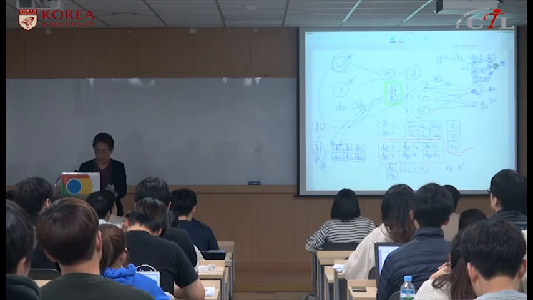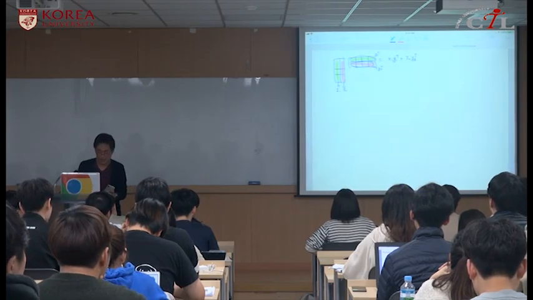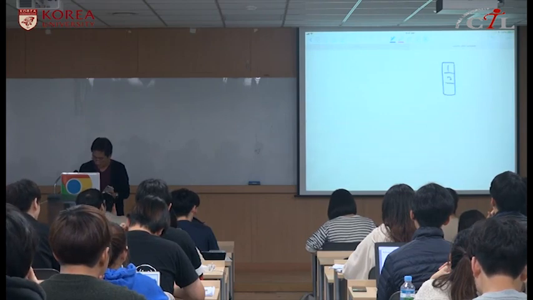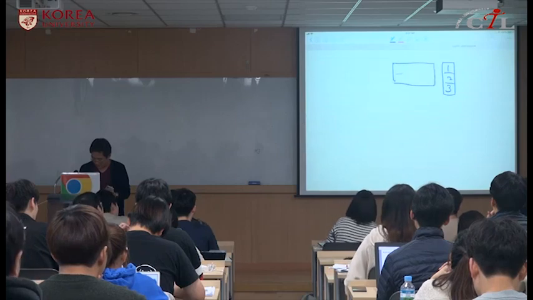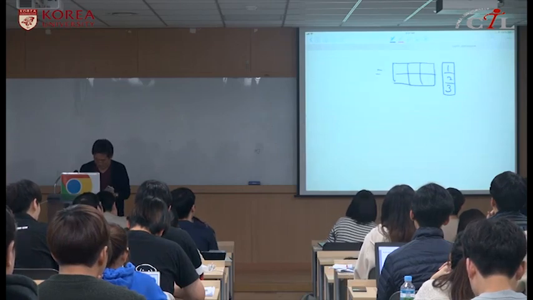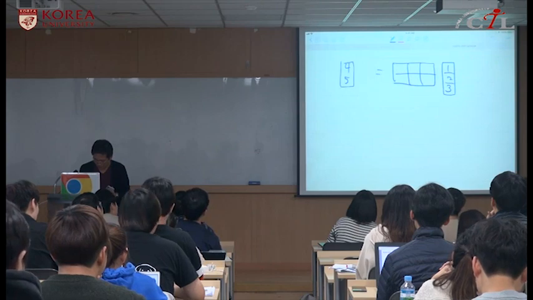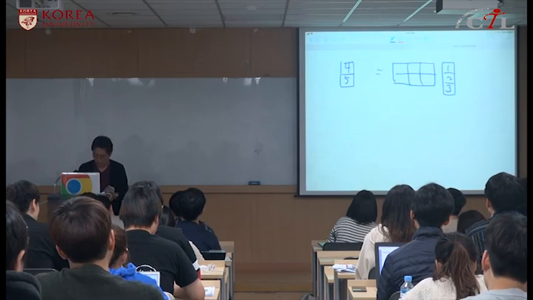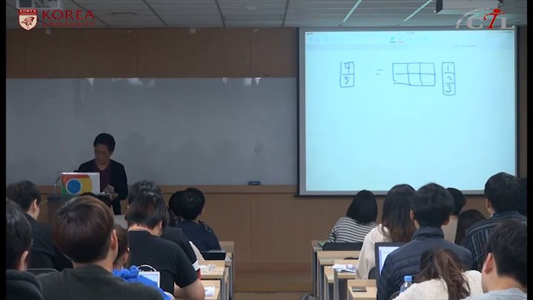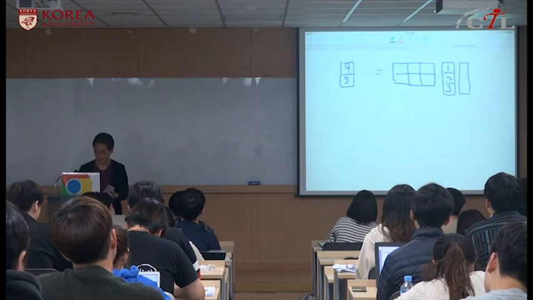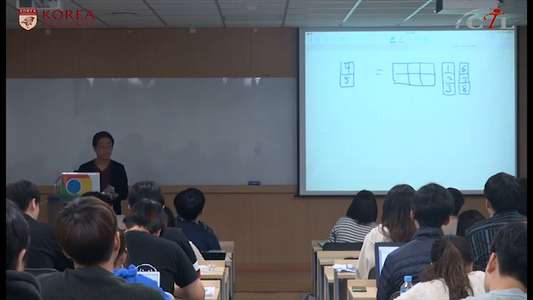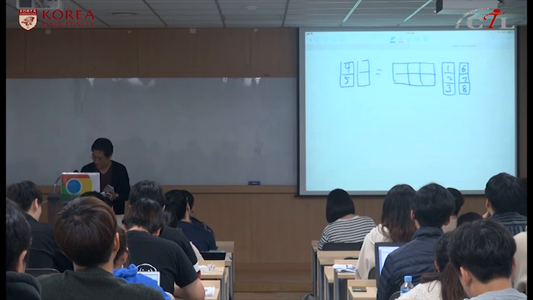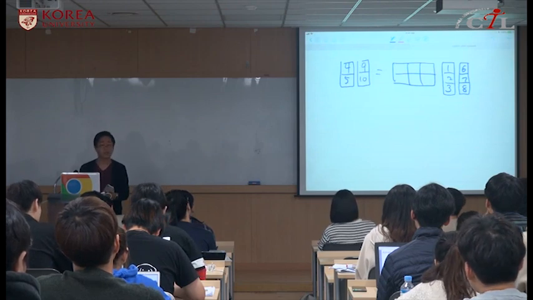Our vectorized form will have 1, 2, 3, and 4, 5 as an output vector. Then the next input vector is concatenated column-wise over here, 6, 7, 8, and the corresponding output 9 and 10 is placed over here.